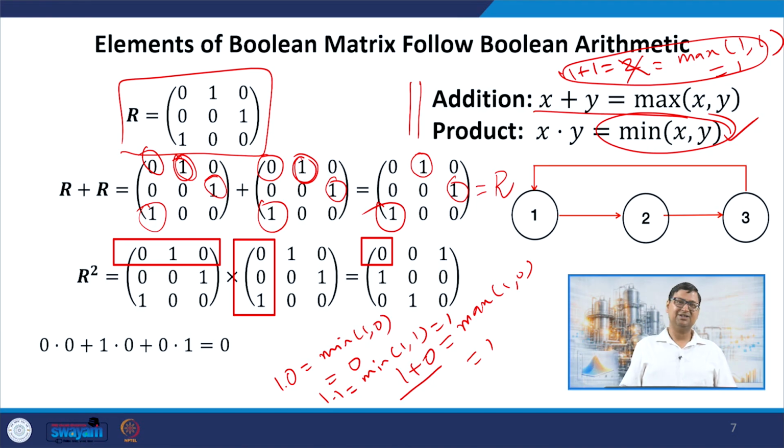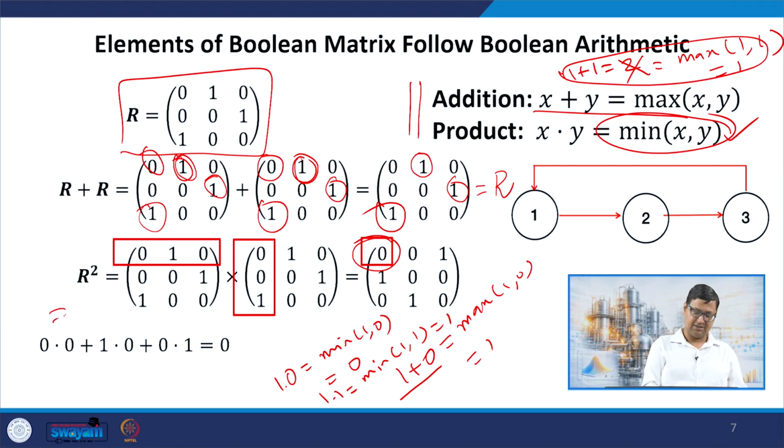R square, on the other hand, is somewhat more interesting. If we have R square, then the basic matrix multiplication rule remains the same, that means we multiply row with column, but then wherever I am doing multiplication of the elements or the addition of elements, then I will use the Boolean arithmetic, right. So, let us say for example, the first element of the final matrix in R square is 0.